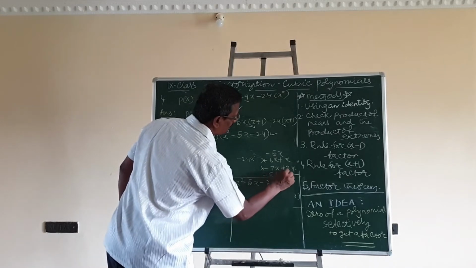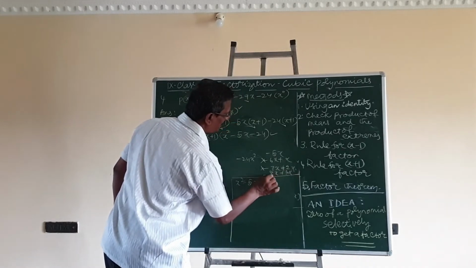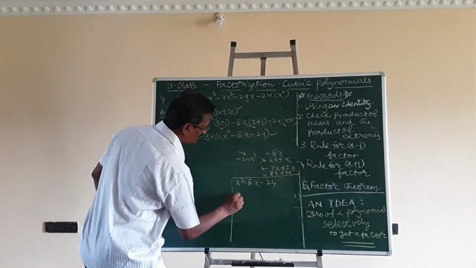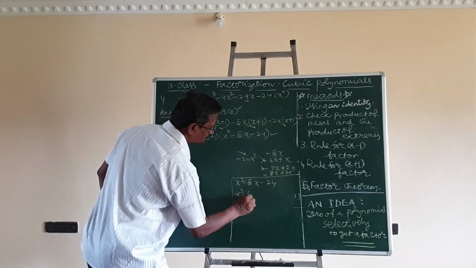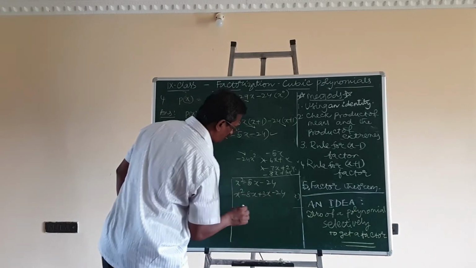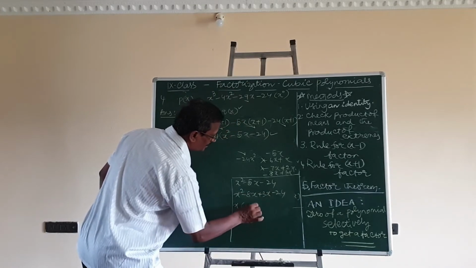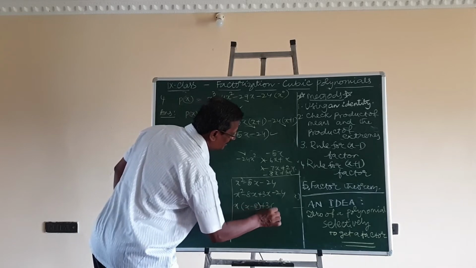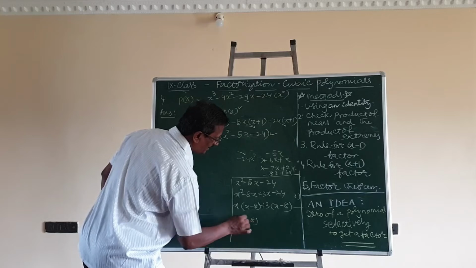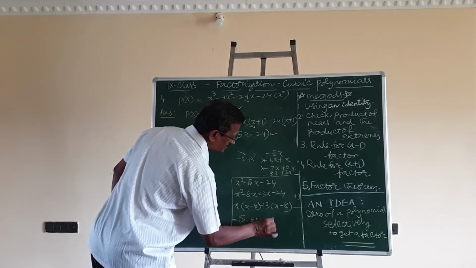Minus 8x plus 3x: on adding, we will get this, on multiplication, we will get this. So the correct splitting: x square minus 8x plus 3x minus 24, x into x minus 8 plus 3 into x minus 8. This is x minus 8 into x plus 3.